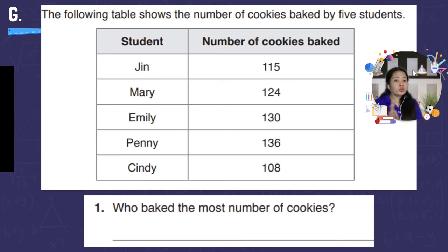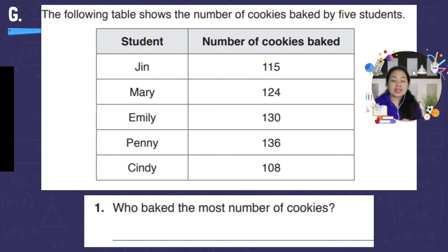So the number of cookies baked, for Jean, 115. For Mary, 124. For Emily, 130. For Penny, 136. And for Cindy, 108. Okay, so this is very easy. Number 1 question.